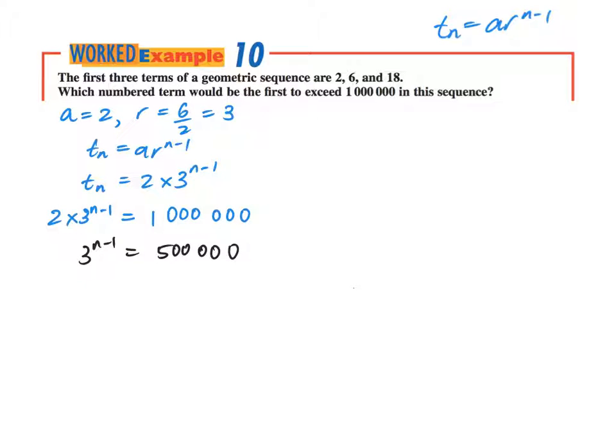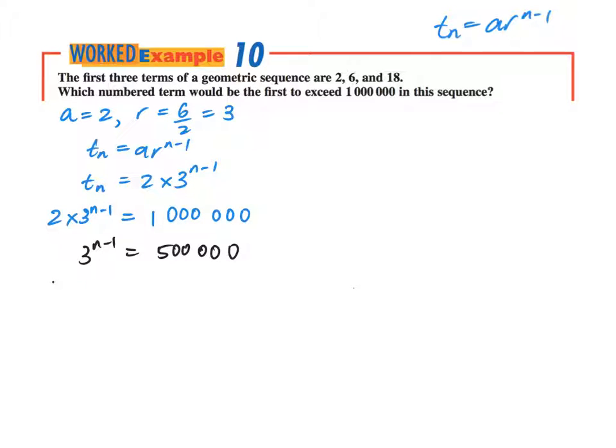And from here, if we want to find the n value, we should try to log both sides. In doing that, we will get the index brought out the front.